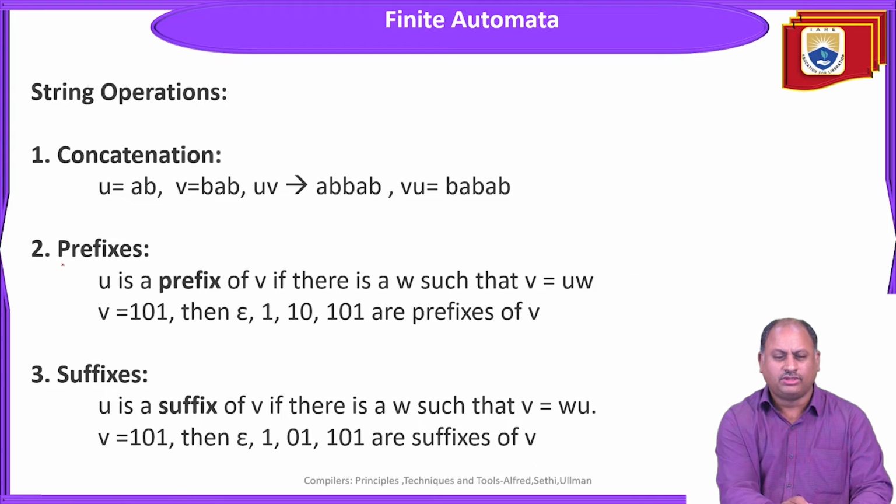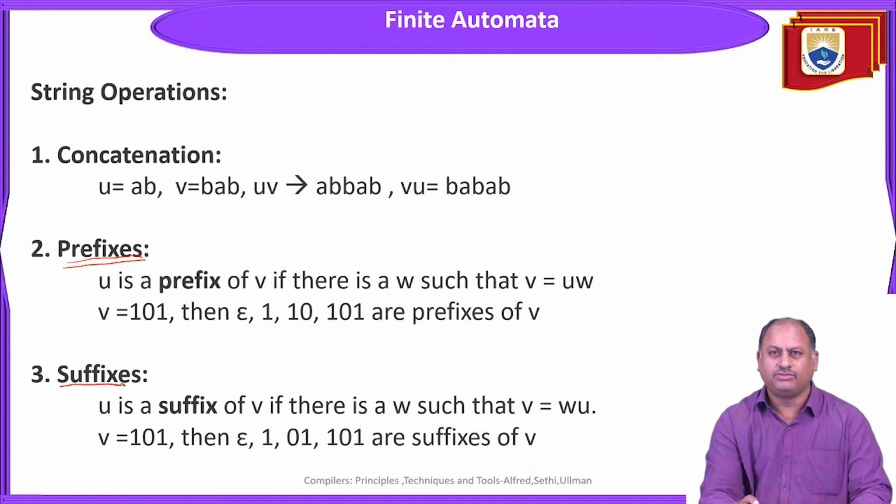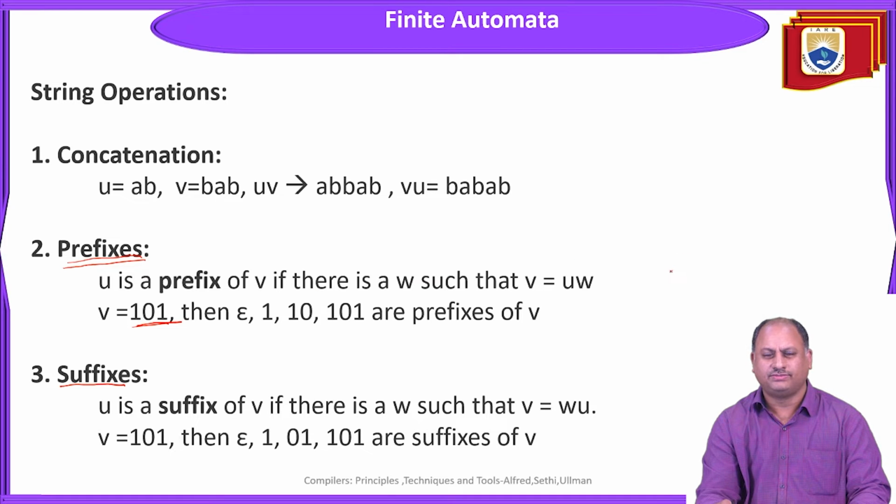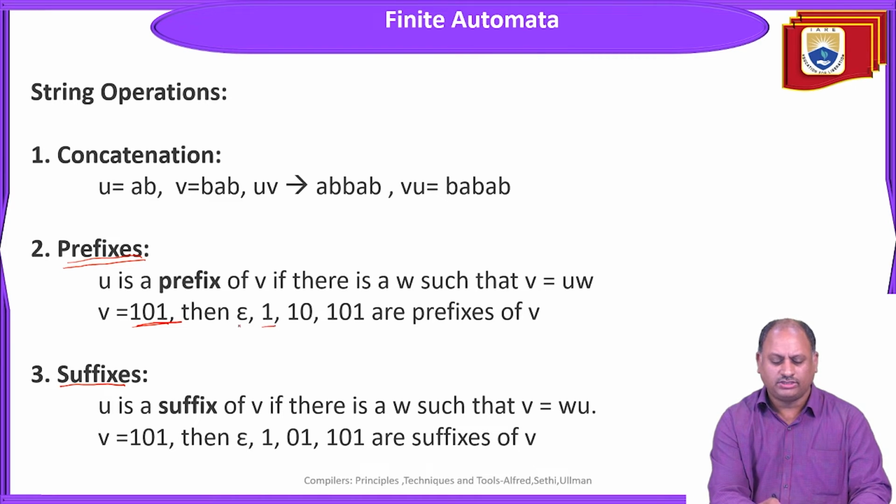We can also find the prefix and suffix of a string. We are aware of what the prefix and suffix of a particular string are. For example, consider the string 101.